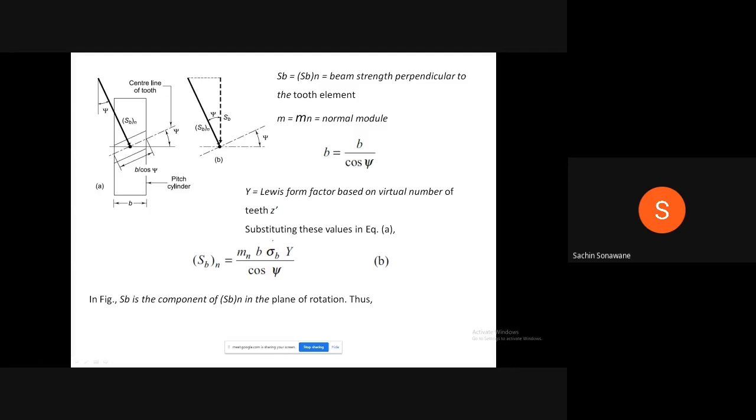Therefore, for helical gear, this is our formula of beam strength: SBN is equal to MNB sigma B into Y divided by cos psi. Write down this, equation B. Normal force SBN, or beam strength perpendicular to the tooth element.